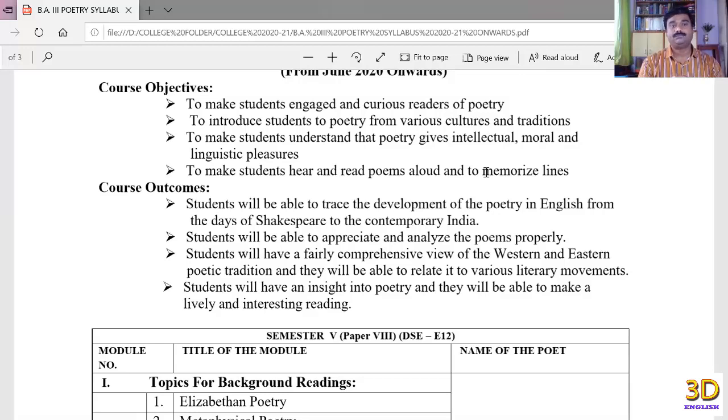Then, to make students understand that poetry gives intellectual, moral, and linguistic pleasures. So while composing poetry, various aspects of language are used, and for that purpose, what kind of linguistic techniques a poet has to use in his or her poetry, that we are going to learn and apply in our poetry.